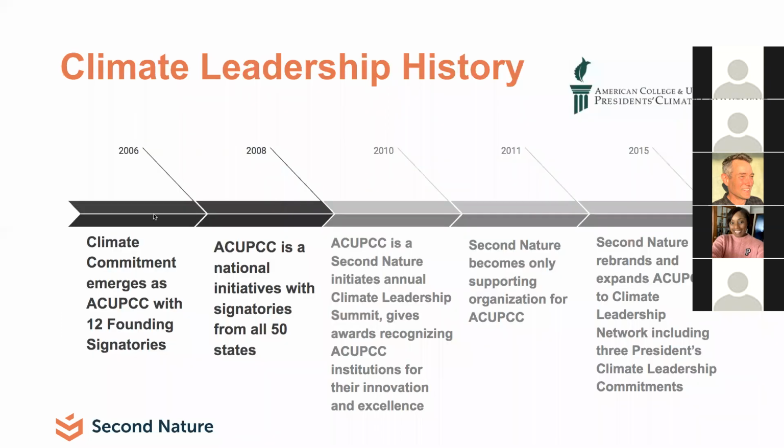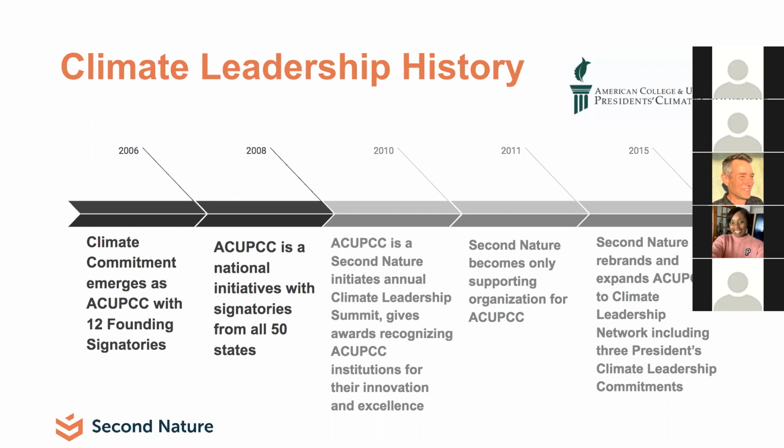And for a little history on those, originally in 2006, this is when the commitment was first launched. It had 12 founding signatories. At that time, it was called the American College and University President's Climate Commitment. And it grew pretty rapidly until a couple of years later, we became the main managing organization. We used to co-manage it with ASHE.